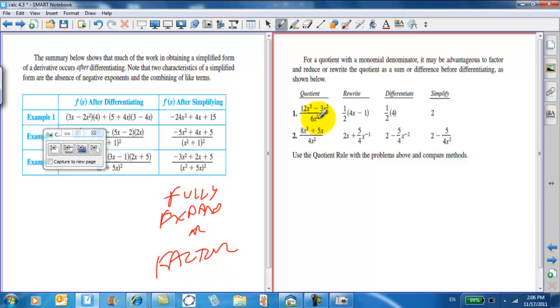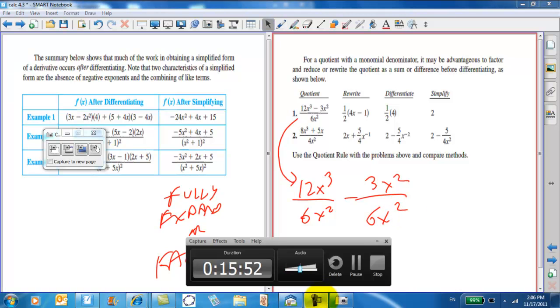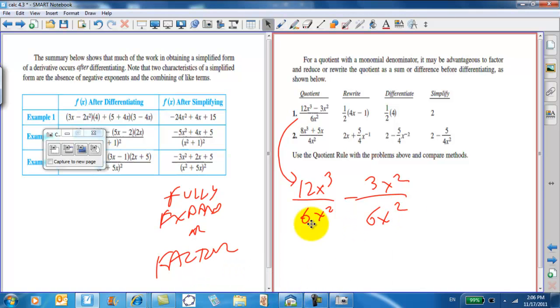Now, I talked about this before. If you have a monomial underneath, it's a lot easier if you divide that monomial into each. Let me show you here. 12x cubed over 6x squared minus 3x squared over 6x squared. And you see how that becomes 2x minus a half, which is equivalent to that.